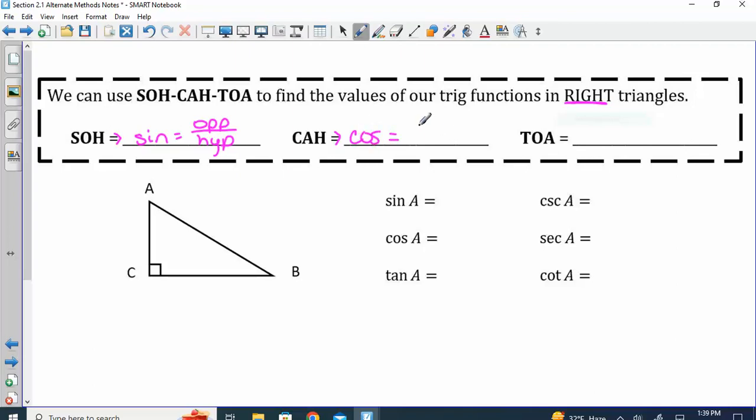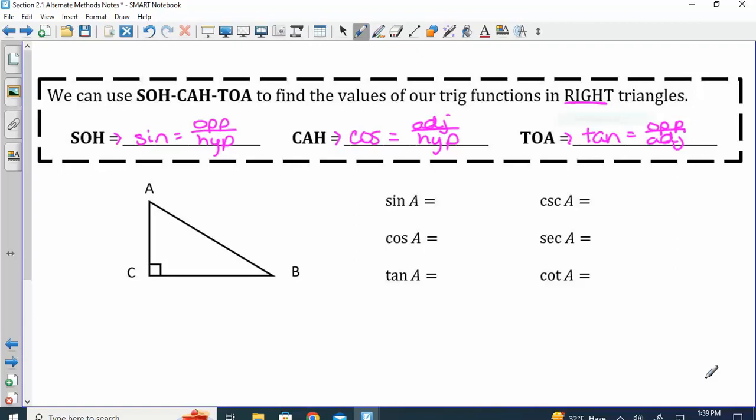Cosine is? And TOA means tangent is good. Now the key, it has to be a right triangle because only right triangles have a hypotenuse. Okay, if we don't have that 90-degree angle, we don't have a hypotenuse, and this definition doesn't work.